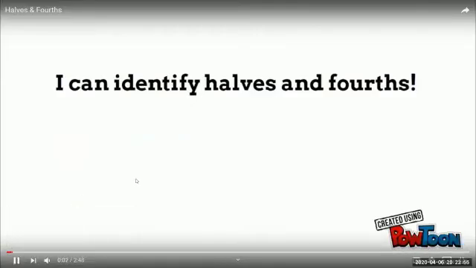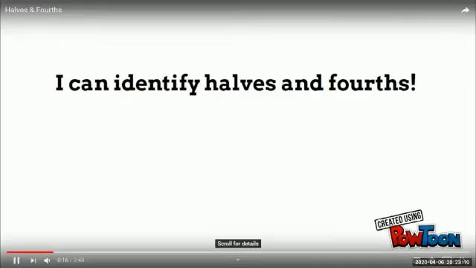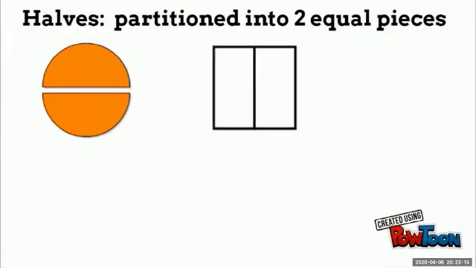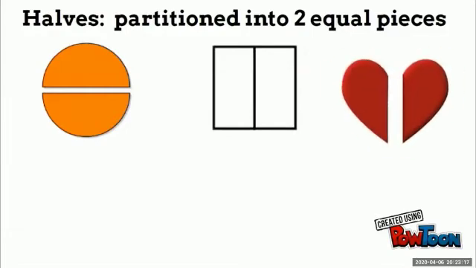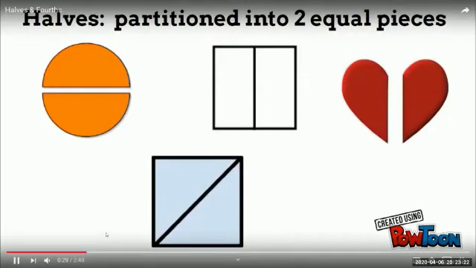Hey, what's up, everybody? You're in session with Mr. Clark. Everybody say, I can identify halves and fourths. All right, here we go. Halves is anything that's partitioned into 2 equal pieces. Now, partition is just a fancy word for cut or sliced into 2 equal pieces. So here you see some examples. Notice it doesn't matter which way you partition a piece as long as both parts are equal.